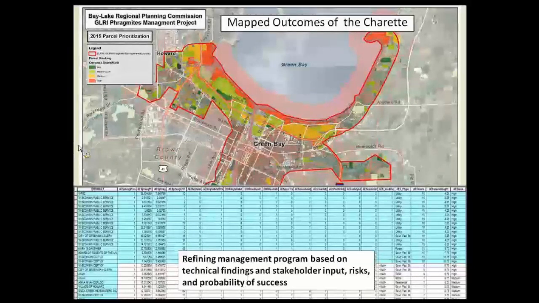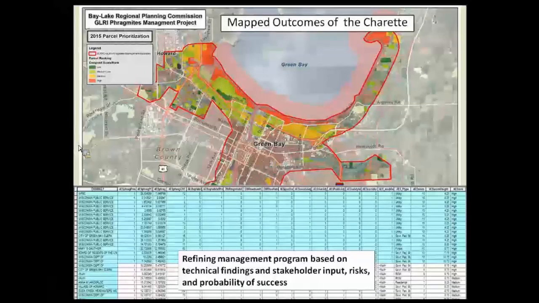In some areas there was resistance to treatment: stay off my property, don't go near my property, I don't care about Phragmites, just stay off my property. Those sort of properties you see here ranked low typically.